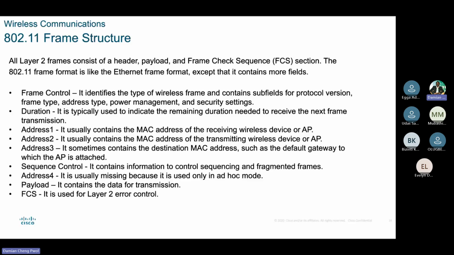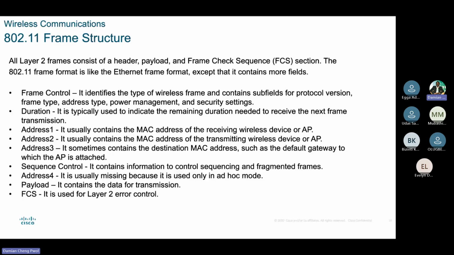Payload contains the data for transmission. This is the same payload we talked about when we discussed encapsulation. For you to encapsulate a packet to form a frame, the packet you've encapsulated is your payload. The packet also encapsulates the segment, and the segment encapsulates the data.